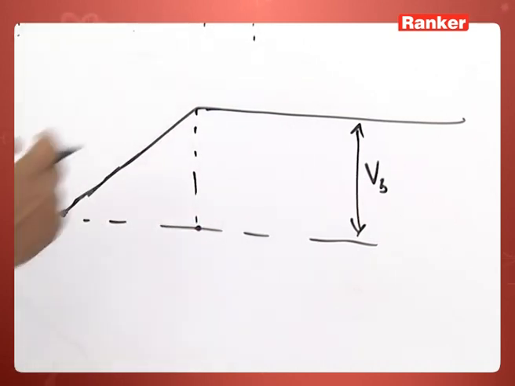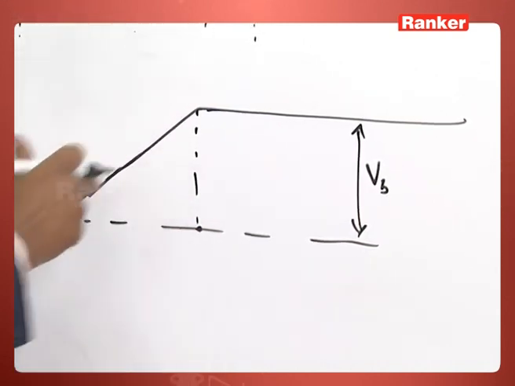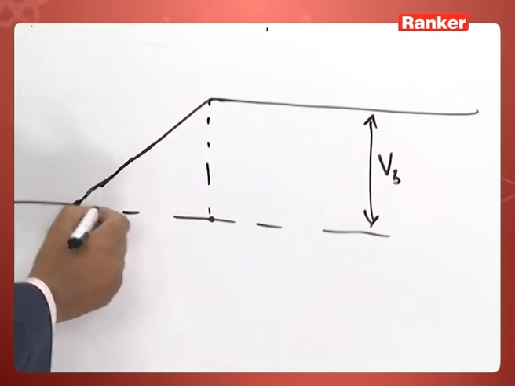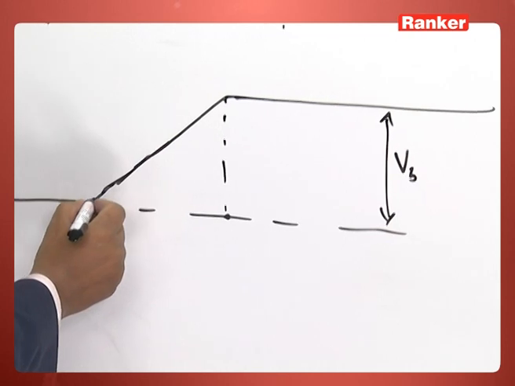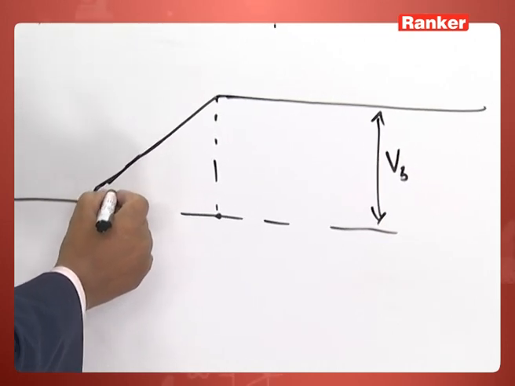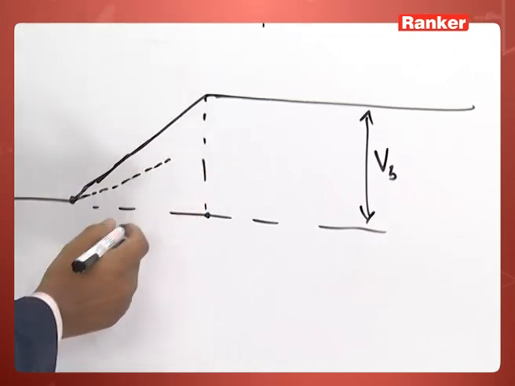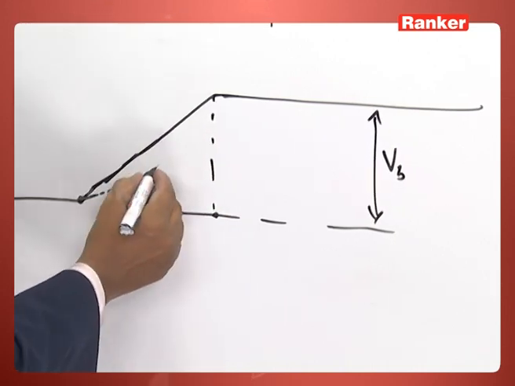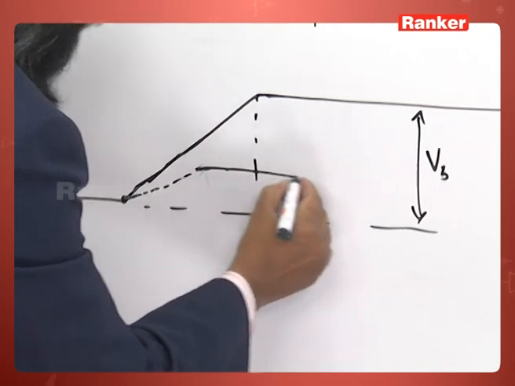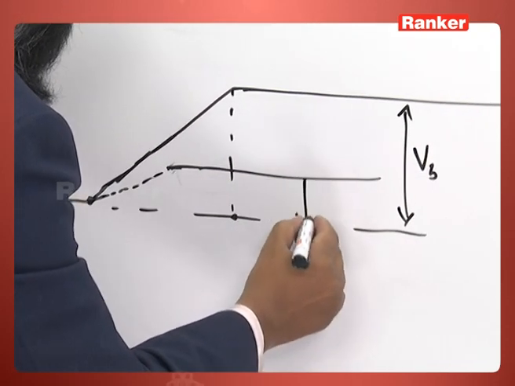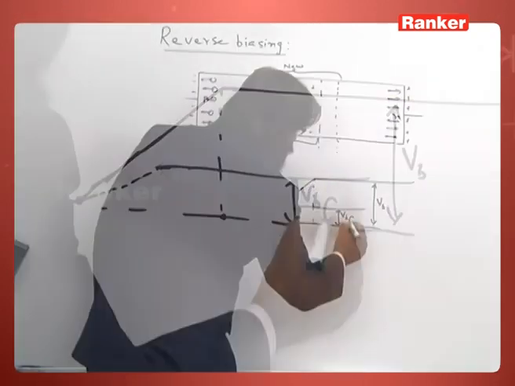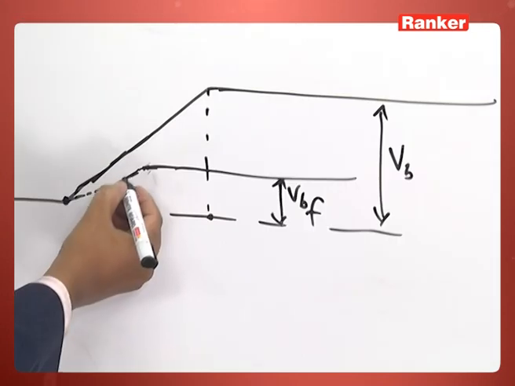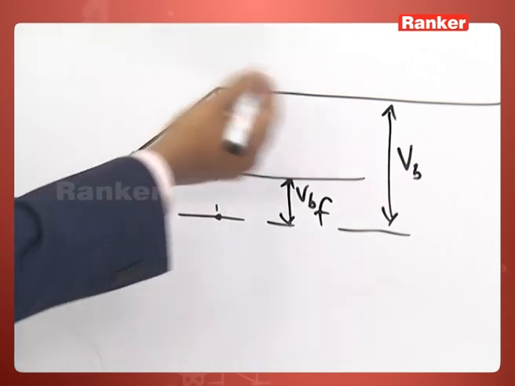So, this is normal. Now, if I forward bias it, then the depletion layer decreases. Suppose the depletion layer decreases up to here only. This is the new width of the depletion layer, and the barrier is also reduced, V barrier during forward biasing. So, this is the example in terms of potential.